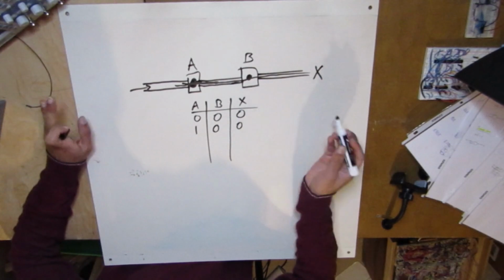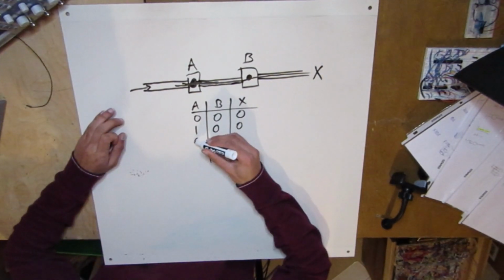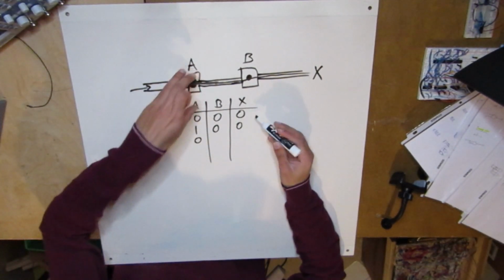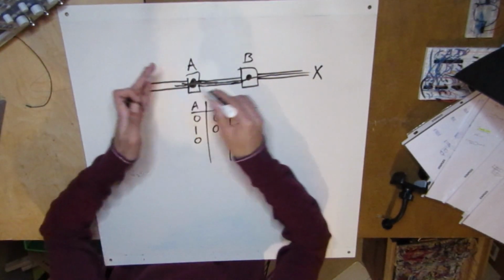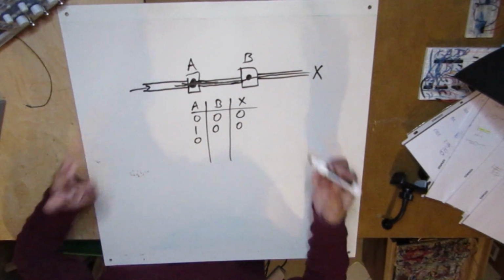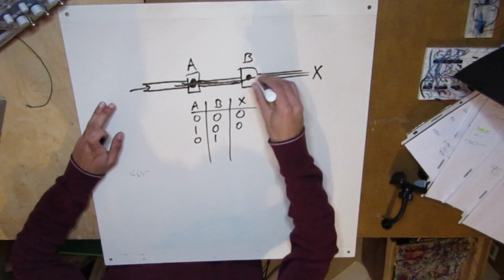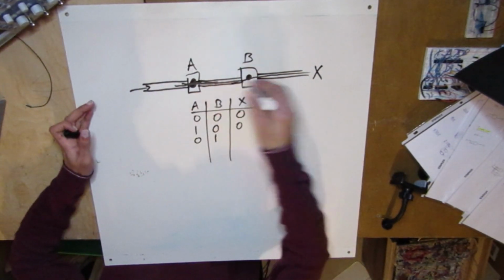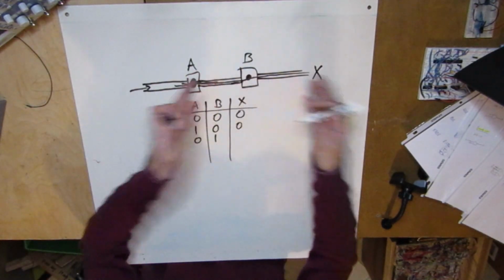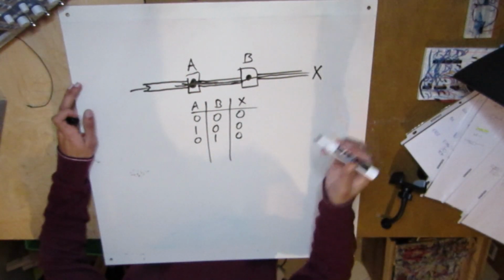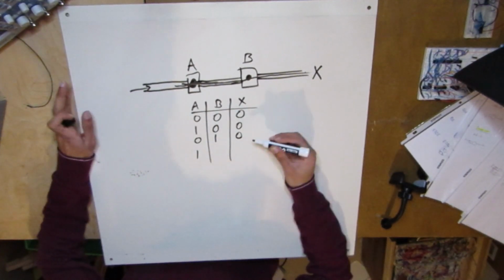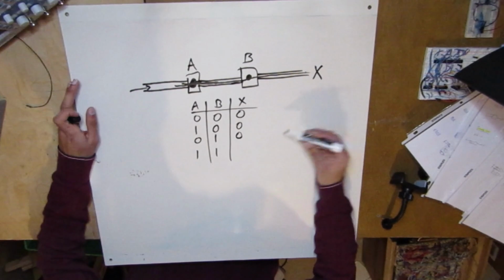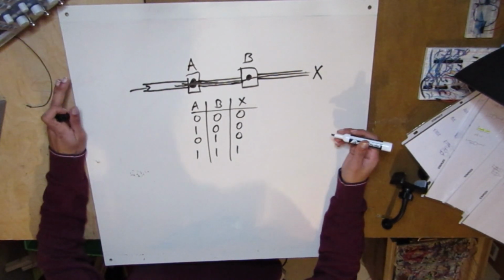Okay, let's flip the roles. Let's say A is blocking water, but B lets water go through. But no water could even get through A at first, so how could it even get to B? There's no water originally coming, so we get another 0. The only way water could get through here is if A is a 1 and B is a 1, then we could get water flowing through.